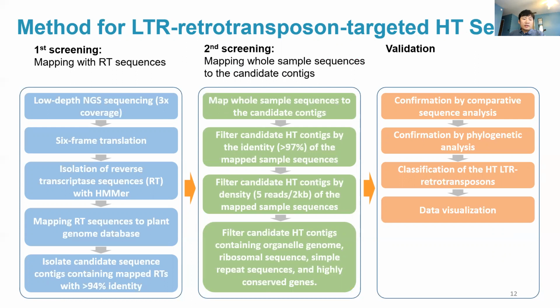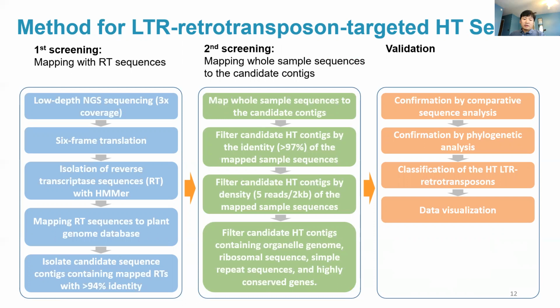By the 94% identity threshold of the mapped reverse transcriptase sequences, the 40 kb length candidate contigs containing the possible horizontally transferred LTR-retrotransposons were isolated. In the second screening, the whole sample sequences were mapped to the candidate contigs.